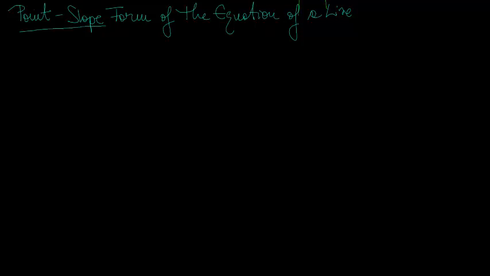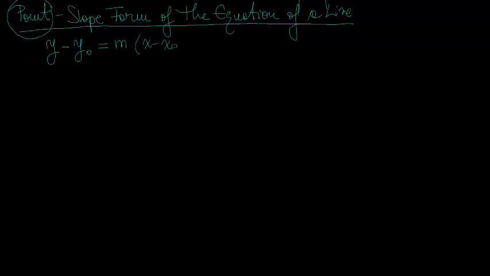This form, as I said, is the most useful one in calculus, namely we want not just the y-intercept but an arbitrary point in order to write the equation of a line in this particular form. So here is the form of the equation of this line. It's going to be y minus y0 is m times (x minus x0).